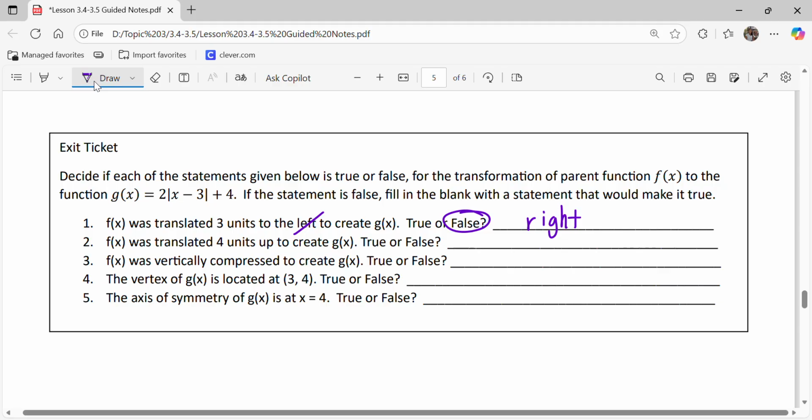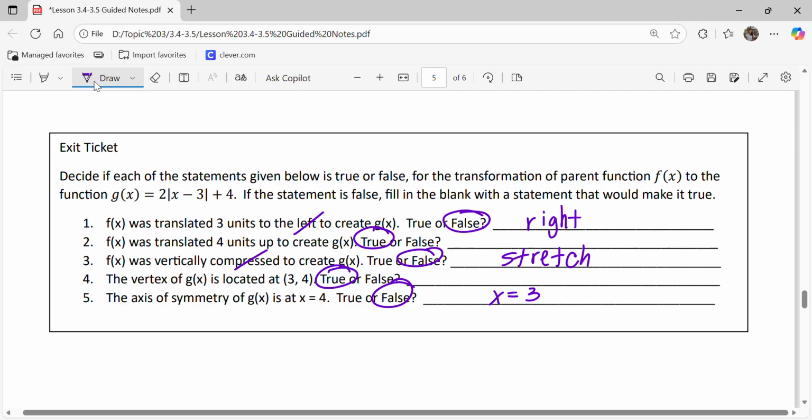F of x was translated 4 units up, that is true. It was vertically compressed. A is greater than 1, which makes it a vertical stretch, so this is false. Is the vertex positive 3, positive 4? True. Is my axis of symmetry x equals 4? False. Should be x equals 3, the h of your vertex.